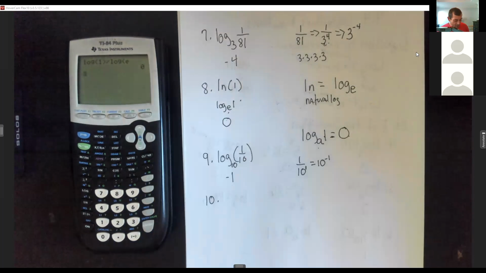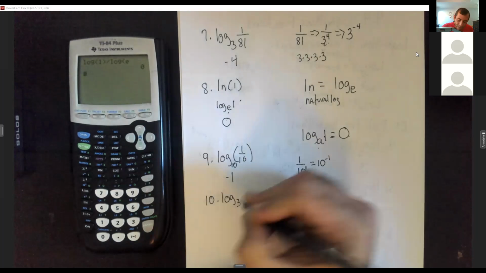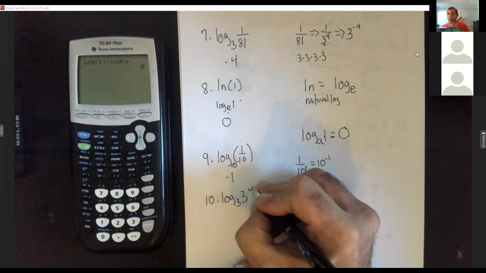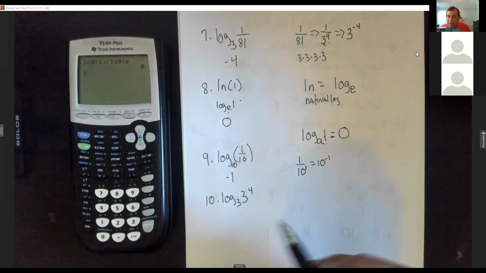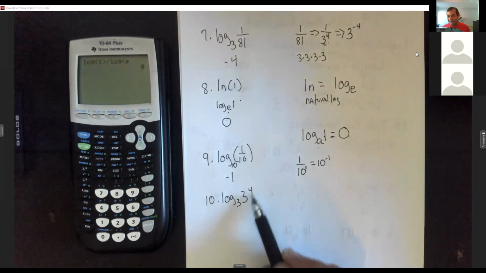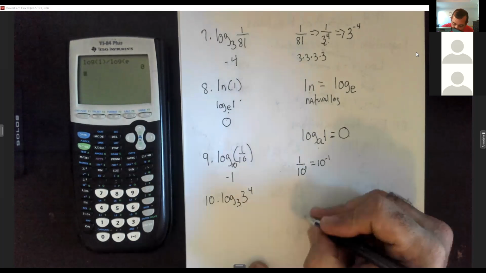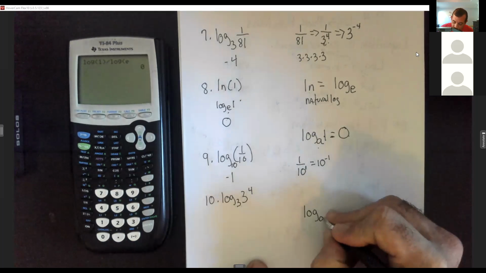All right, let me throw a curve here. How about this? Log base 3 of 3 to the 4th power. What exponent would I put on that 3 to turn it into a 3 to the 4th? So I'm going to show y'all another little property.